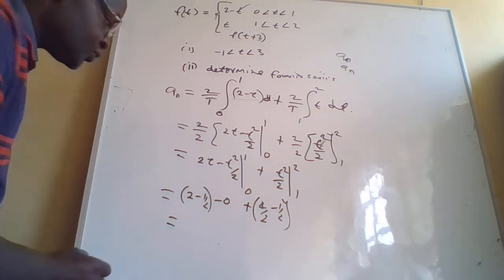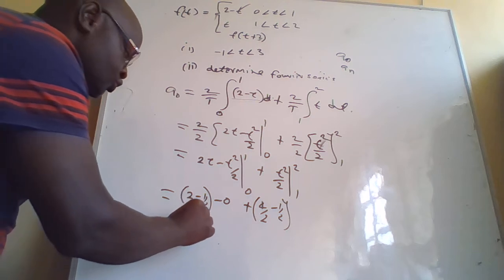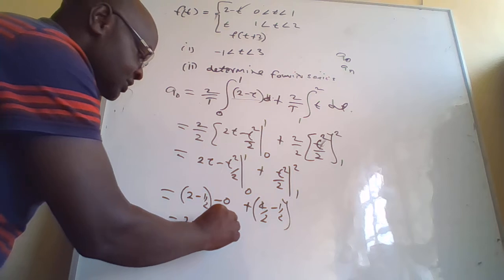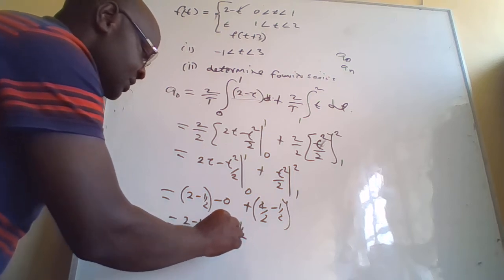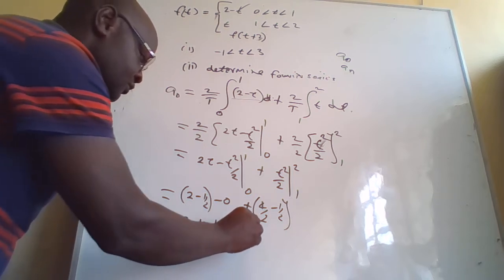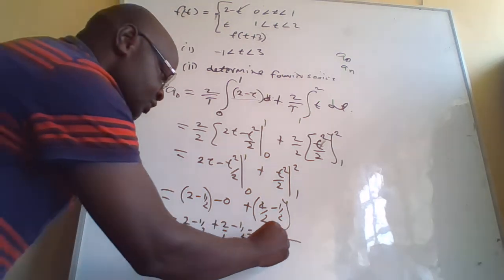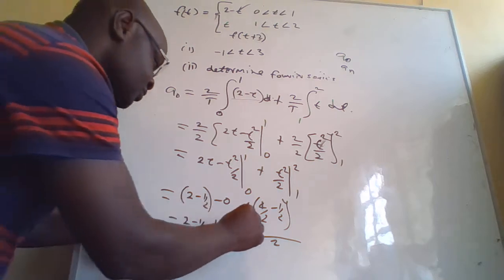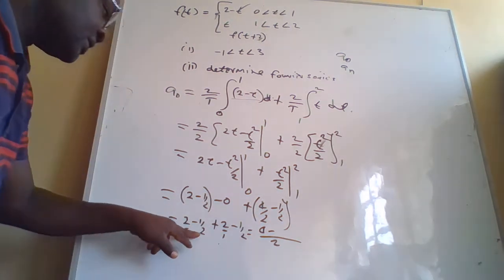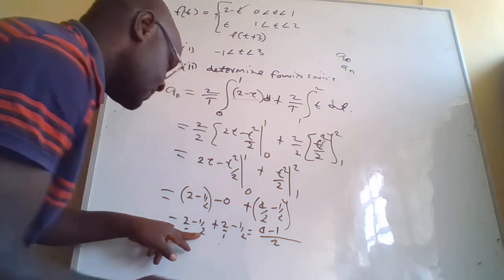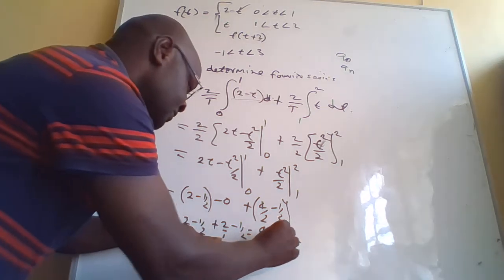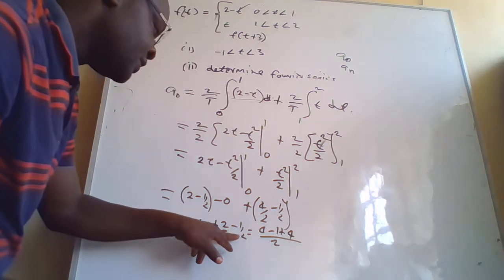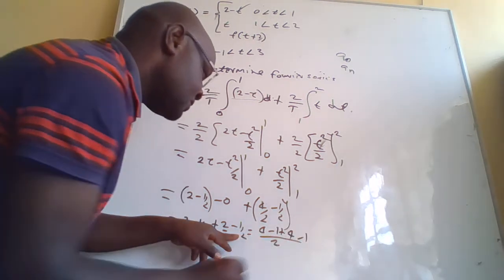So this equals to 2 minus a half plus 2 minus a half. The LCM is 2. 1 into 2, we have 4, minus 2, it will be 1. Plus 1 over 2, 2 times 2, it will be 4, then minus 1.